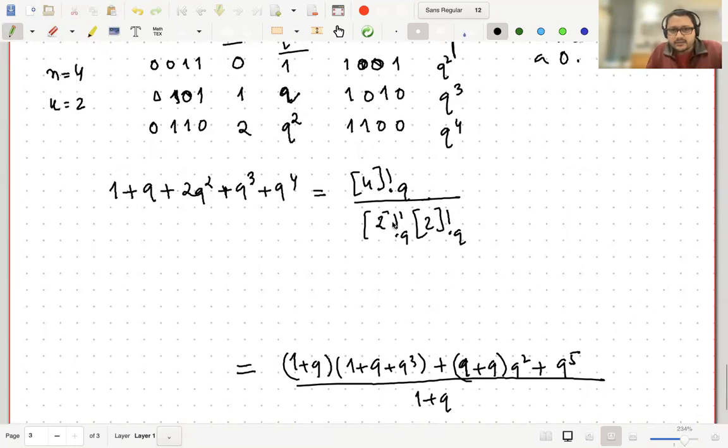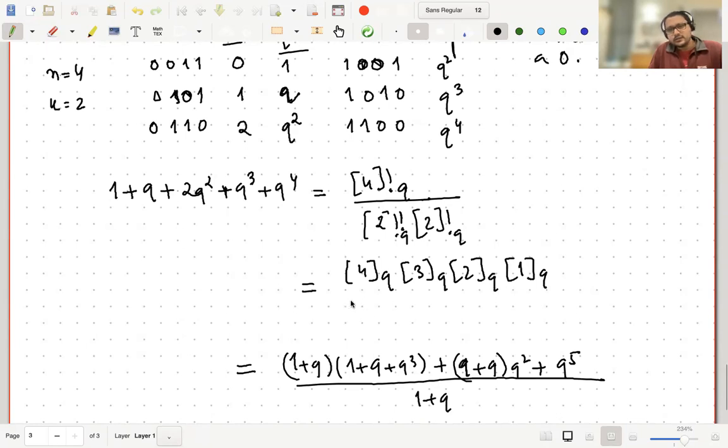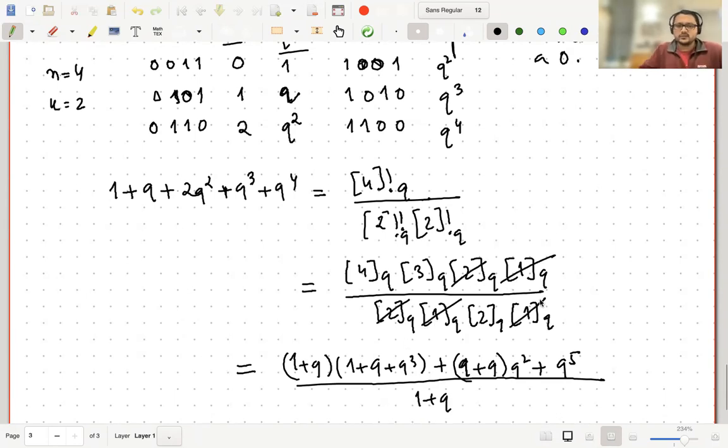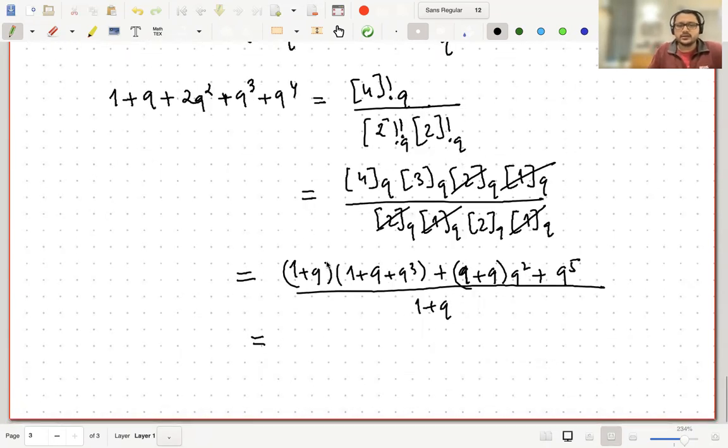But this 4 factorial q just means 4q, 3q, 2q, 1q, divided by 2q, 1q, and 2q, 1q. So these 2's will go, these 1's will go, and this is just 1, so we don't need to care about that.